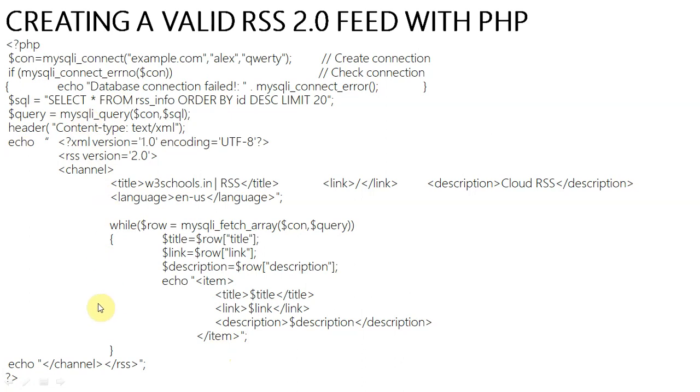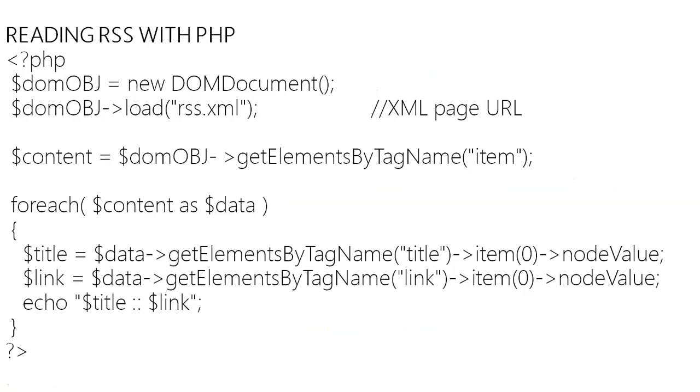We can see the rss.xml file if we find that file in Windows Explorer and open it. But here we will load that file, load rss.xml.